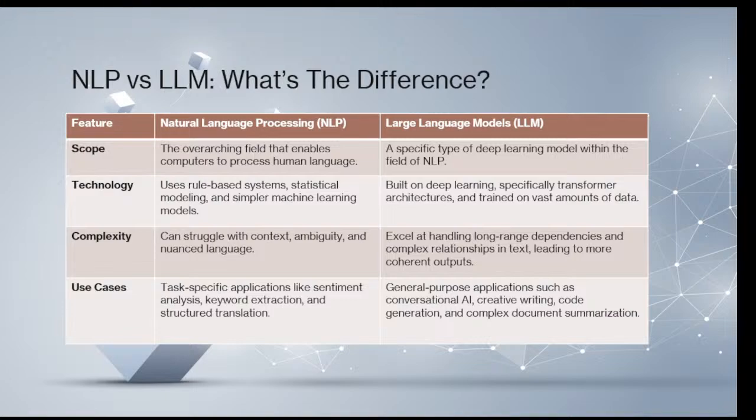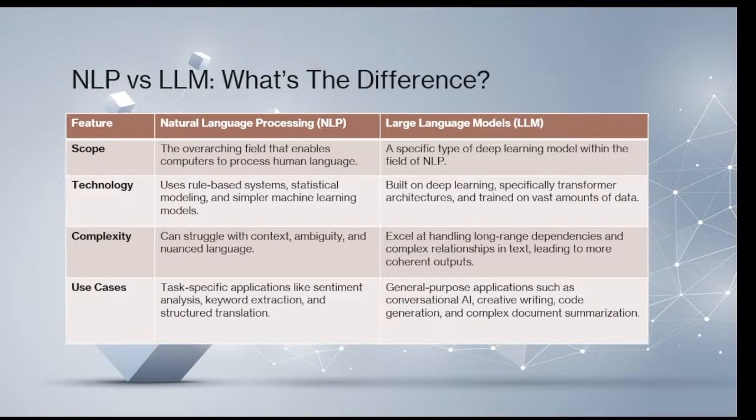It's the encompassing field that enables computers to process human language, whereas the LLM is a specific type of deep learning model within the field. So it's like you have the large umbrella NLP, and underneath that you have the LLM that's doing a larger scope of that job.